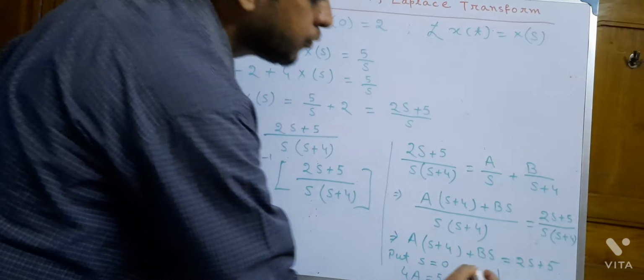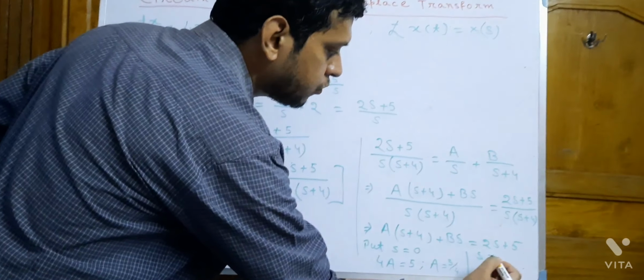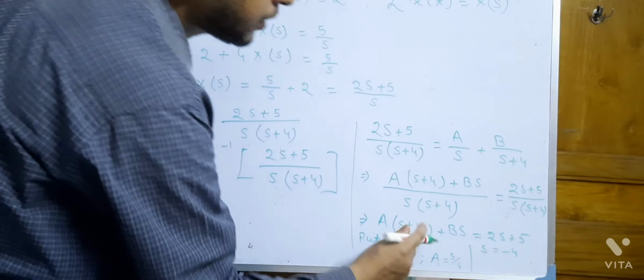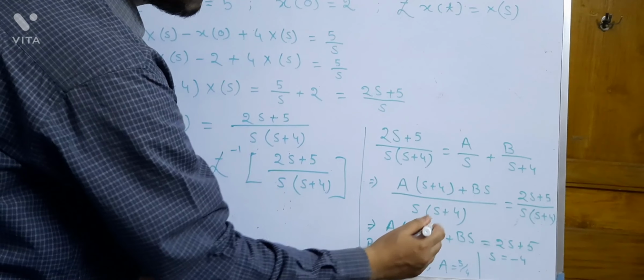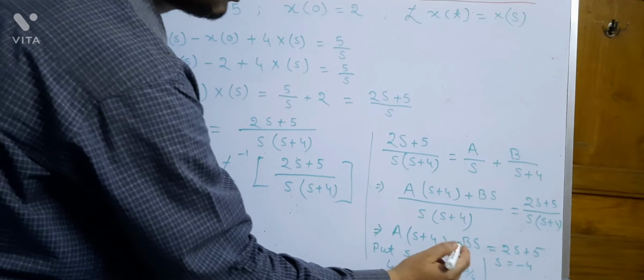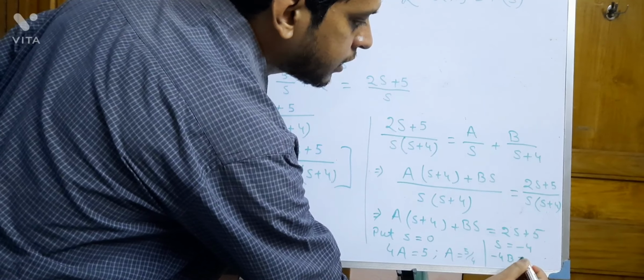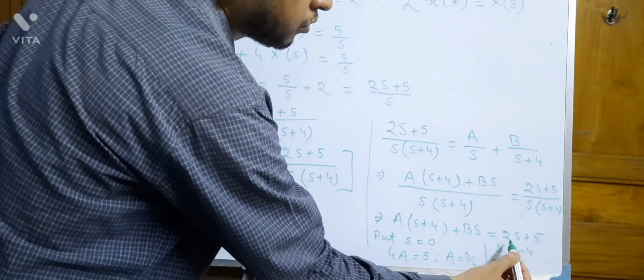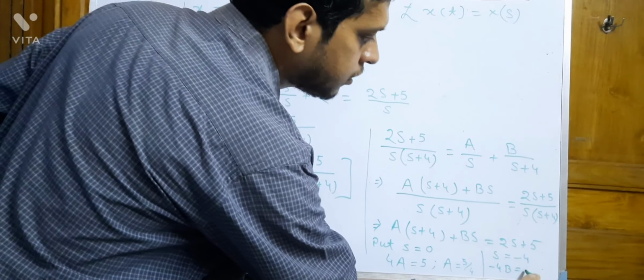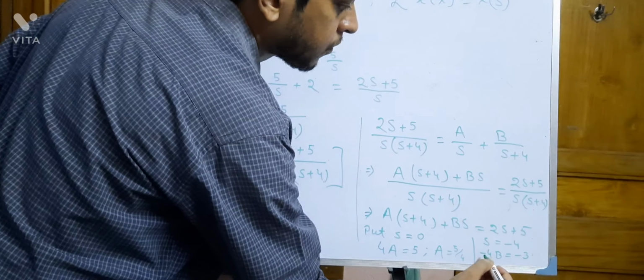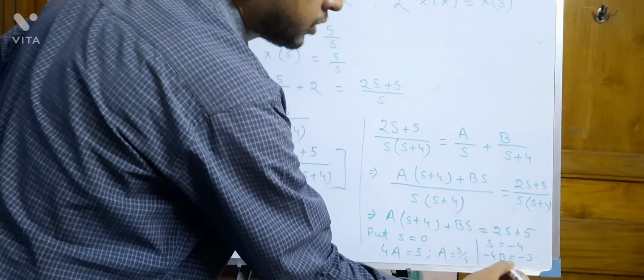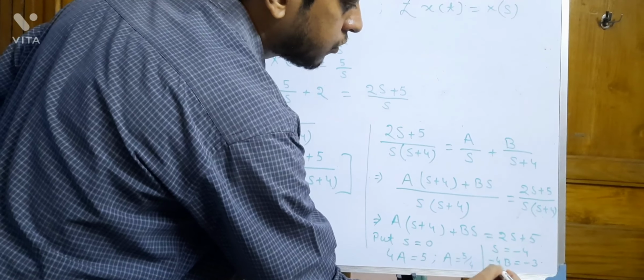Now put s equal to minus 4. If s equals minus 4, then this term will vanish, A into 0. So minus 4B equals what? Minus 4B equals minus 8 plus 5, equals minus 3. So B equals 3 by 4.